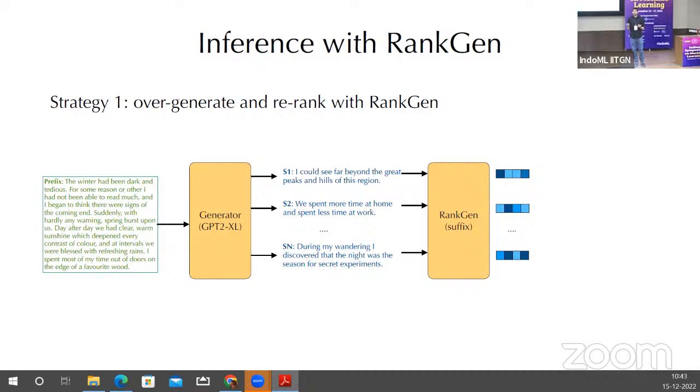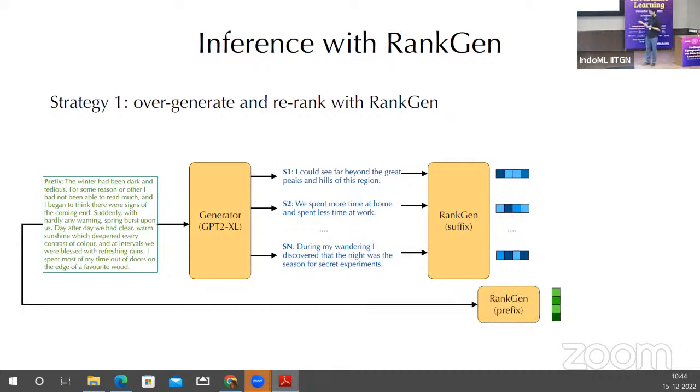You take your language model, you generate, say, 20 different continuations of the prefix from the language model, and then you encode each of those continuations using RankGen. So you get a vector for all 20 of these generations. You similarly encode the prefix using RankGen, and then you can just measure the dot product between this prefix and each of these suffixes.